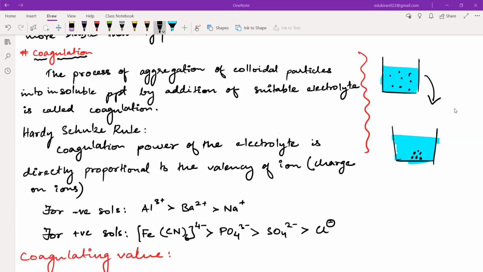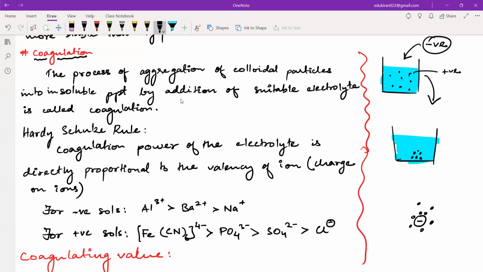Supposedly all of these are positively charged, so I added a negatively charged electrolyte. This negatively charged particle will attract all the colloidal particles. Correct? Yes, sir.